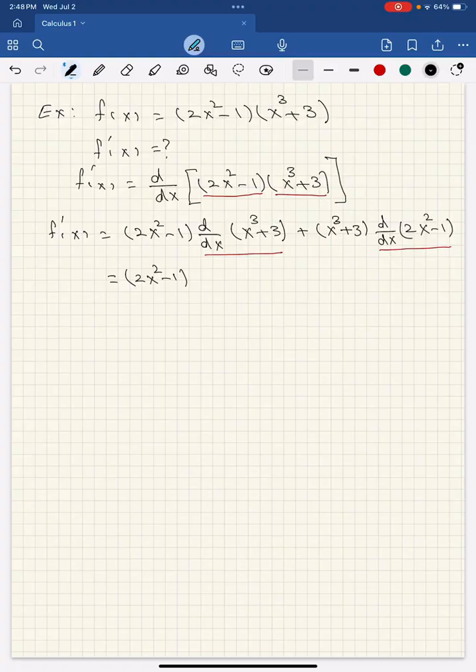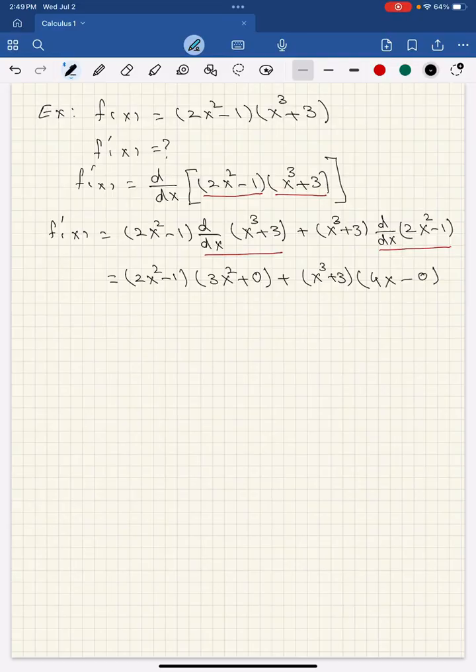The derivative of x cubed is 3x squared plus the derivative of 3 is 0. If you remember from previous lecture, the derivative of a constant is 0. Plus, keep x cubed plus 3 times d dx of 2x squared gives you 4x minus d dx of 1 gives you 0.